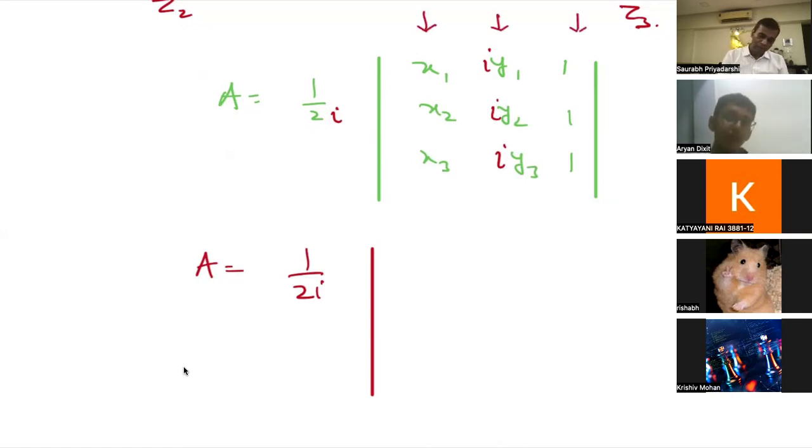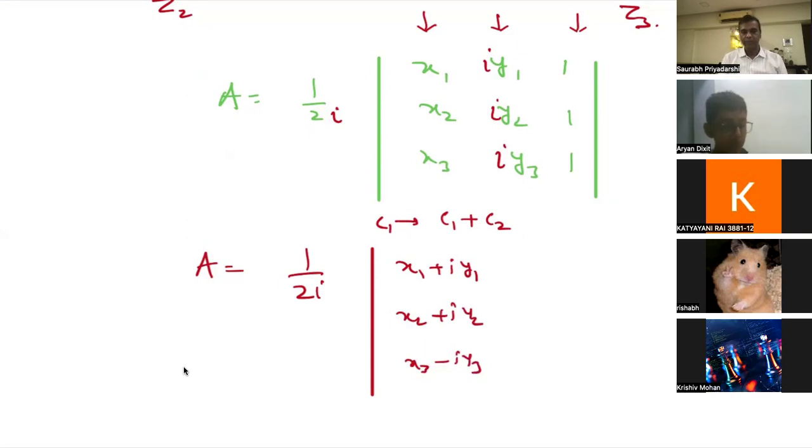If I take the operation C1 plus C2, what do I get? X1 plus iY1, X2 plus iY2, X3 plus iY3. And this will be iY1, iY2, iY3, 1, 1, 1.